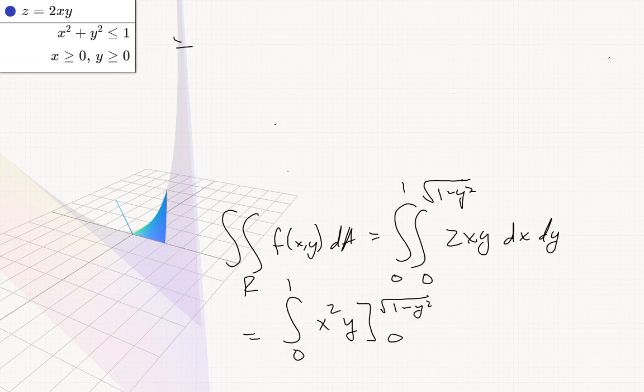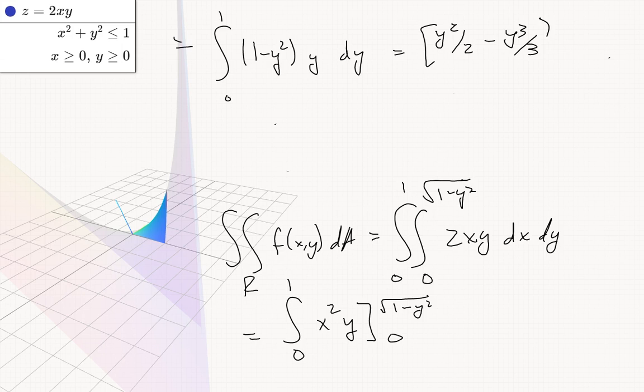That becomes the integral from 0 to 1 of (1 minus y squared) times y dy. This is y squared over 2 minus y to the fourth over 4 at 1 and at 0, and that is 1 over 4.